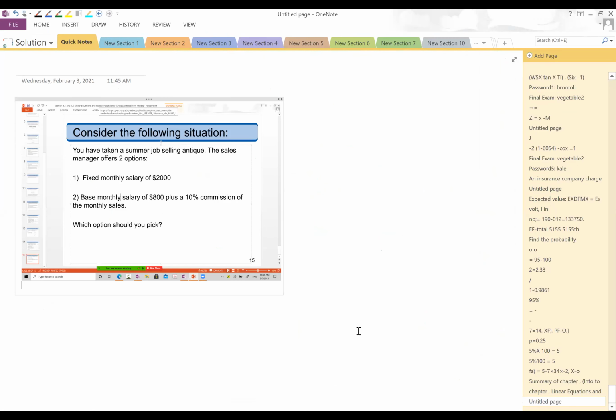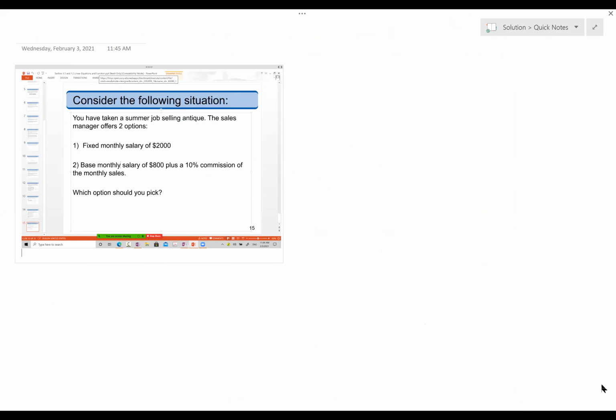So now let me share the screen with you. Okay, for the first option, option number 1, how do we come up with the equation to calculate the monthly salary? Any suggestion?